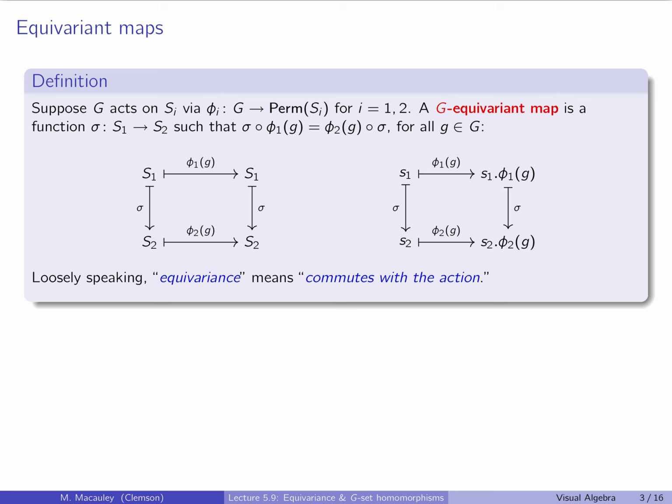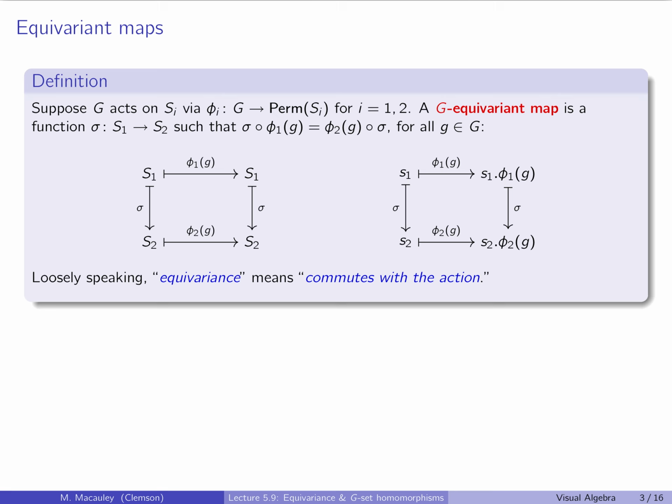And here's what that means. That means that this diagram commutes. So if we start with S1 and we press the g button and then apply sigma, that's the same thing as first applying sigma and pressing the g button down there. So here's what that means in terms of elements.